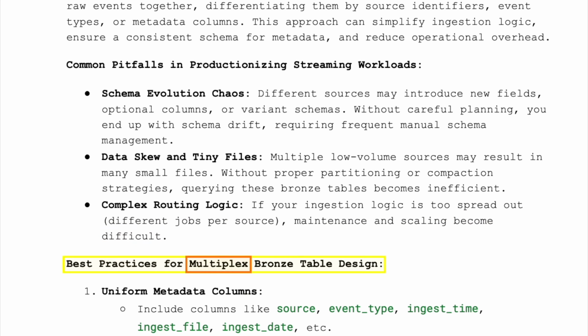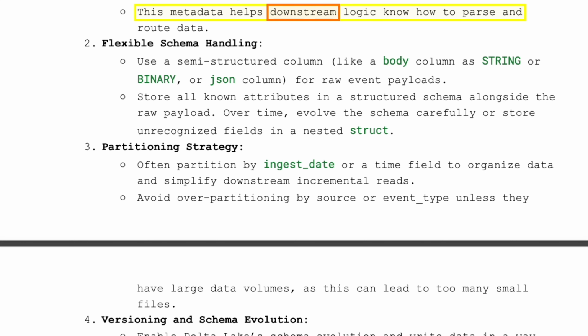Best practices for multiplex bronze table design. 1. Uniform metadata columns. Include columns like source, event_type, ingest_time, ingest_file, ingest_date, etc. This metadata helps downstream logic know how to parse and route data. 2. Flexible schema handling.